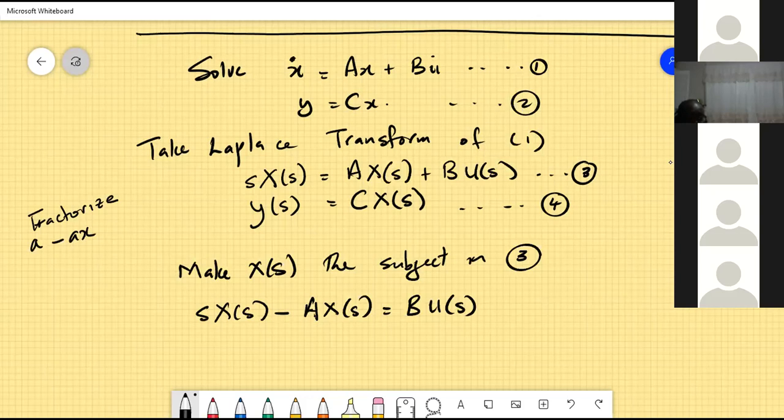A open bracket 1 minus X. All right, so now we're going to take out X(s), and we're going to write sI. When you ask me where the I comes from, I'm going to ask you where the 1 comes from here.